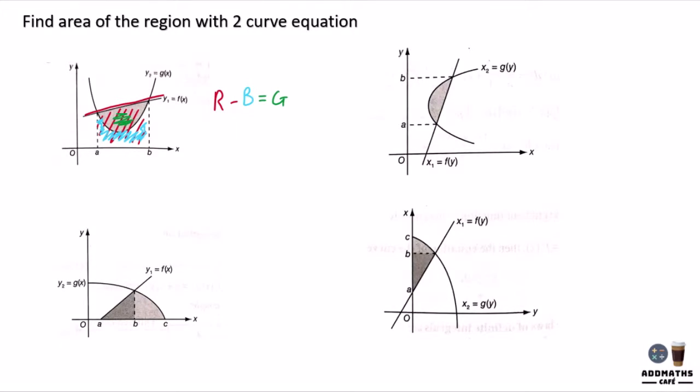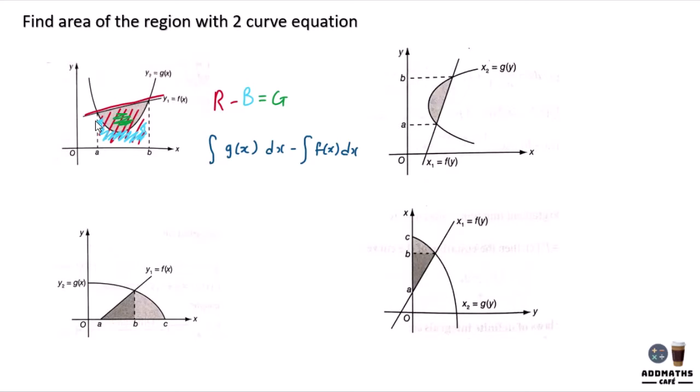So the formula for this will be the integral of g(x), the red color, minus the integral of f(x). Then you will have the area of the shaded region.